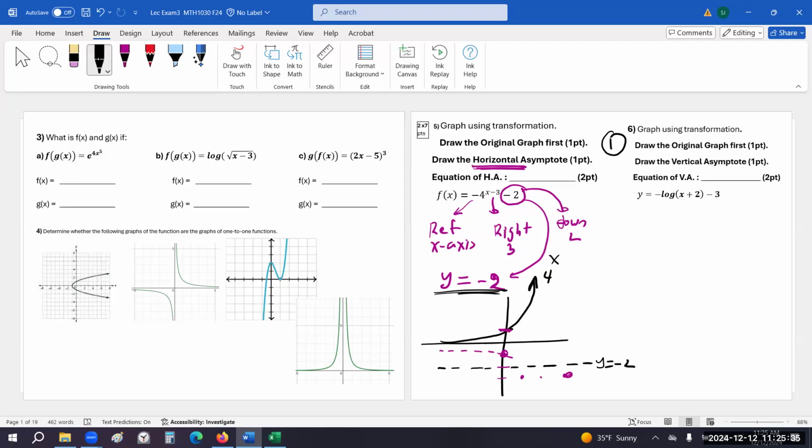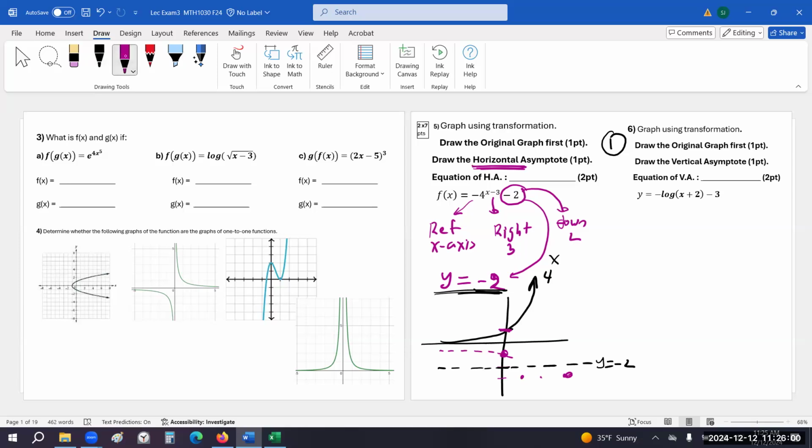Horizontal asymptote is the up-down transformation. Y equals -2 here, so you go to -2. Going down, starting from the origin, y negative, down, y -2. So it's 2 units below your x-axis.